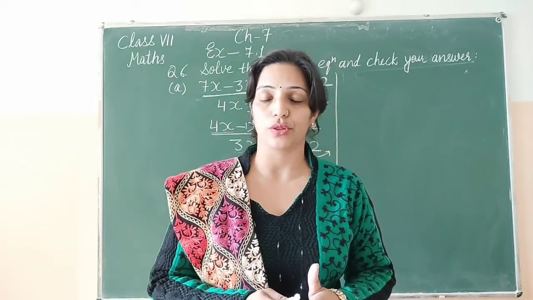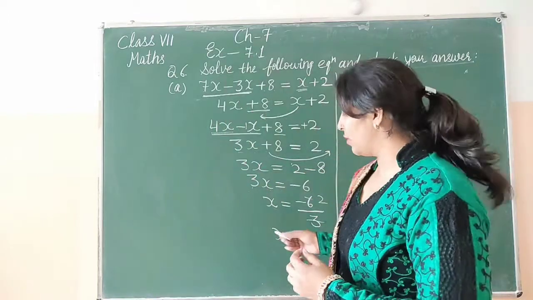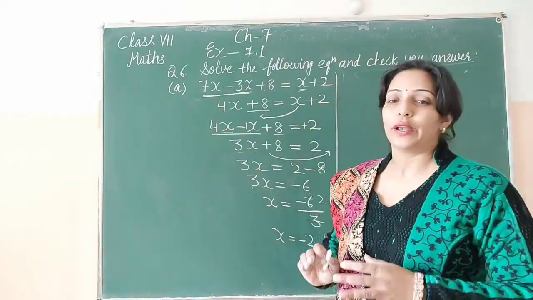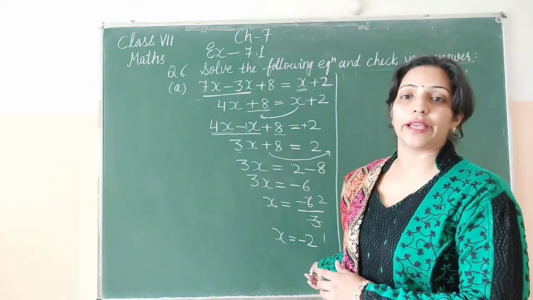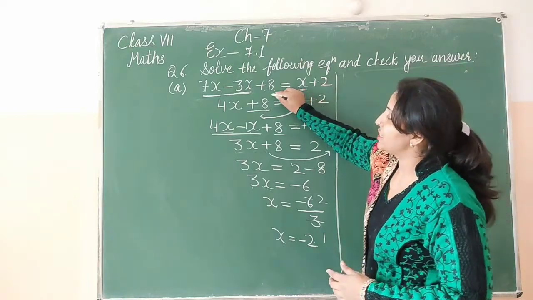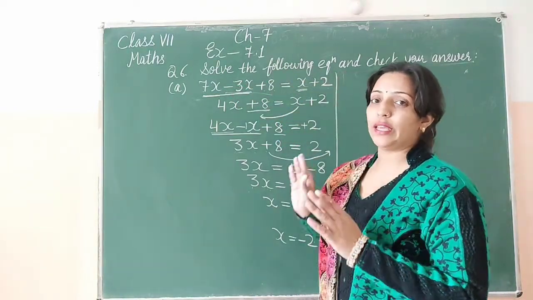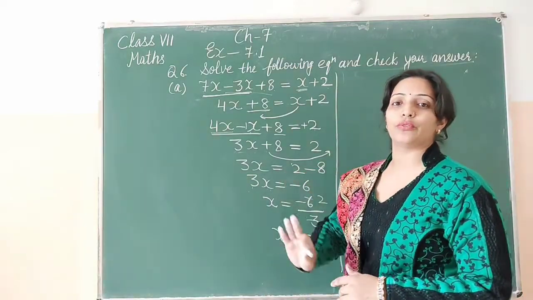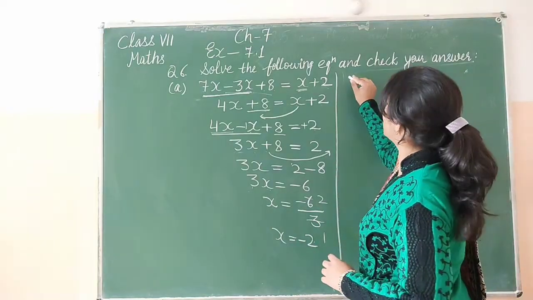We have done this question. So in the same way we have to check, means we are given the value, now x is equal to negative 2. Now we have to find, after putting value of x, negative 2, is left hand side equal to right hand side? If these are equal, then it means we have taken the correct value of negative 2. Otherwise, it is wrong. So how to do this?